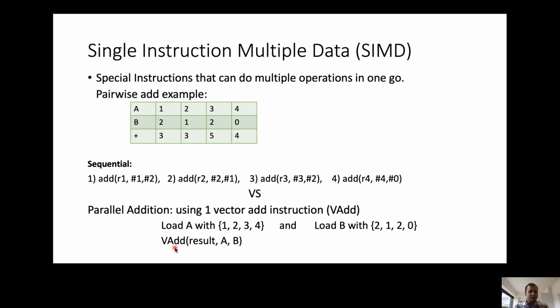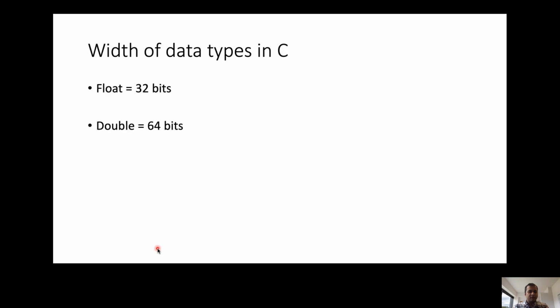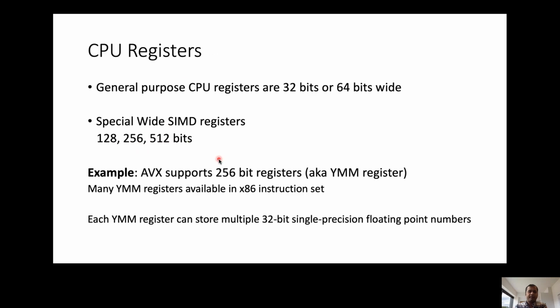But you can think of this as vector instructions. Now, what is important in my examples is to remember the width of the data types. So single precision floating point takes 32 bits. Double precision floating point numbers take 64 bits. Right, so this is just a recap.